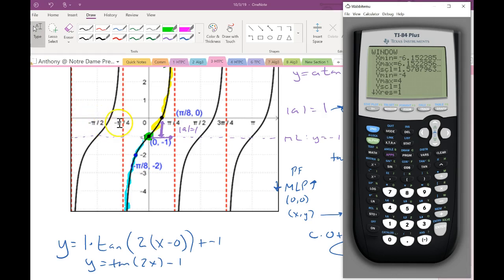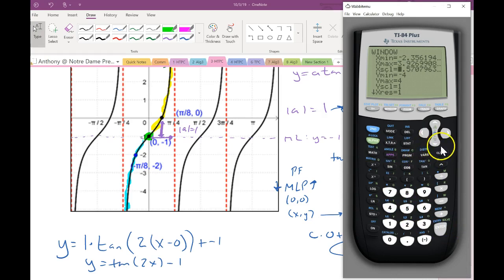If that's -1/2 and that's -1/4, this must be -3/4. You agree with that? So -3 pi over 4 is going to be my x min. Over here, it looks like this is 5/4 pi. You agree with that? So I'll do 5 pi over 4.